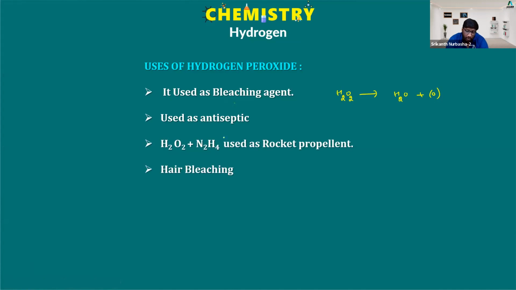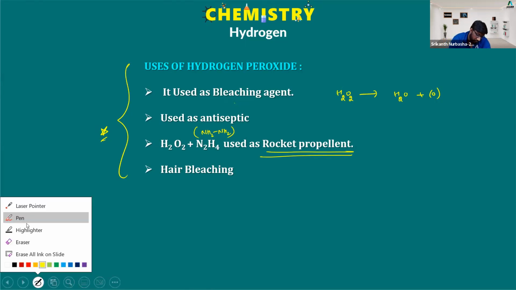H2O2 plus N2H4, hydrazine, which is NH2, NH2, is used as a rocket propellant, and H2O2 is also used in hair bleaching. These are some of the uses of hydrogen peroxide.